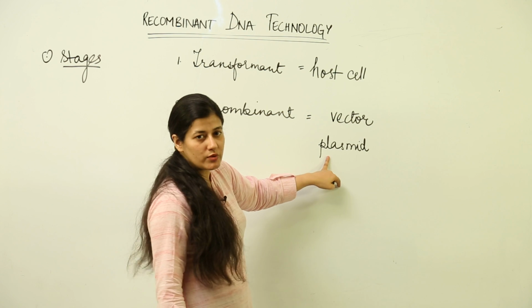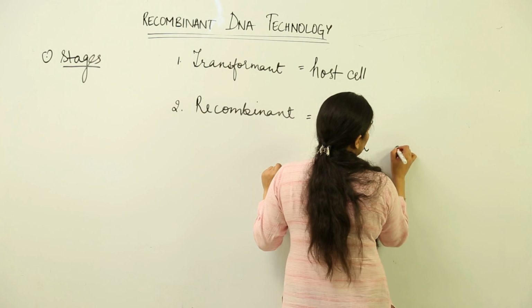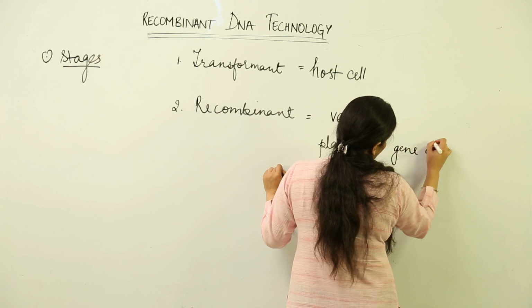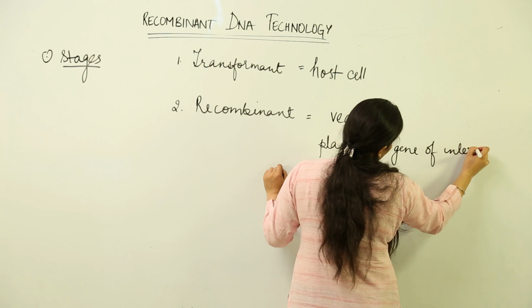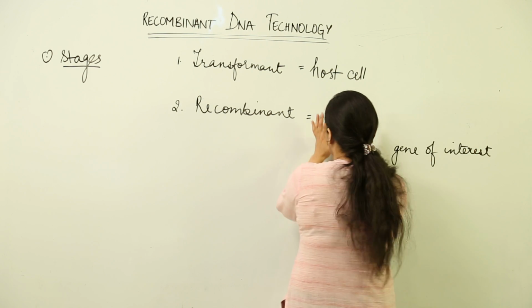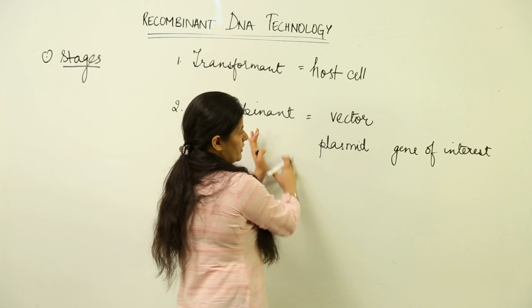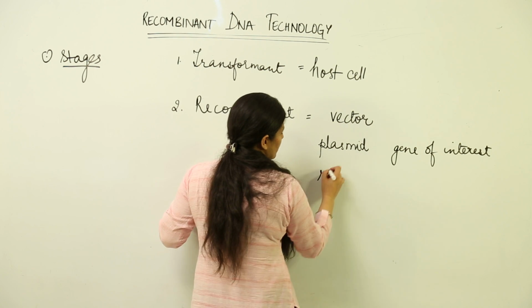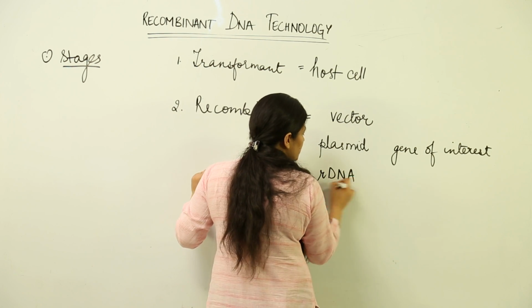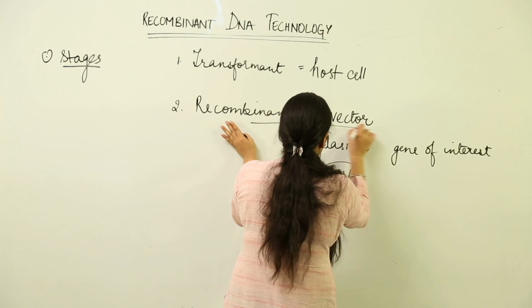The plasmid which has the gene of interest incorporated inside it is known as the recombinant.